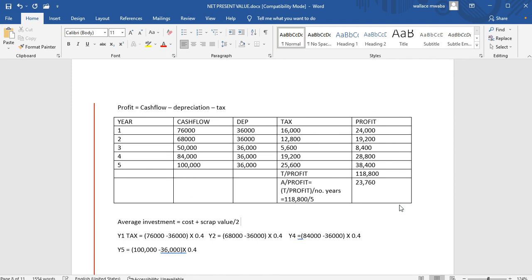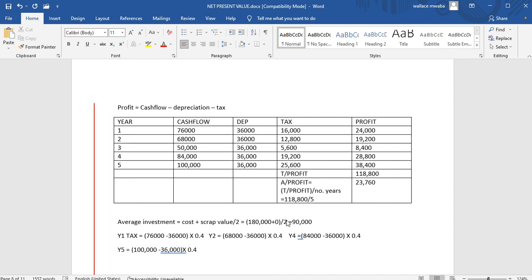Since we do not have a scrap value, we say 180,000, because that was the cost of the machine, plus 0, divided by 2. 180,000 divided by 2, and we get 90,000.